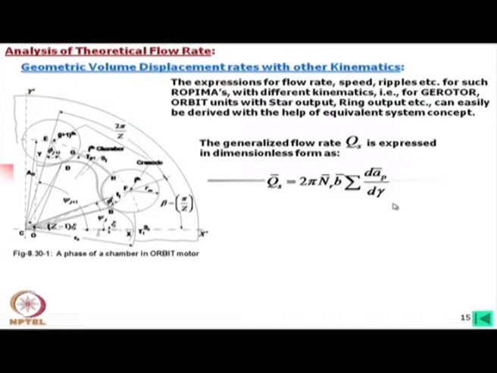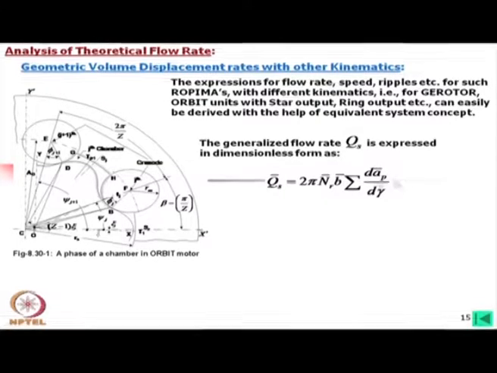The general flow we can express, what we have derived, is 2 pi n r, where n r is the output rotation and b is the width. So, d a p and d gamma, where gamma is the general angle of rotation we have given.